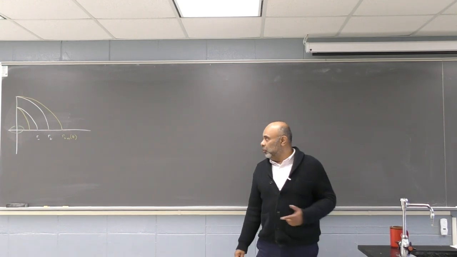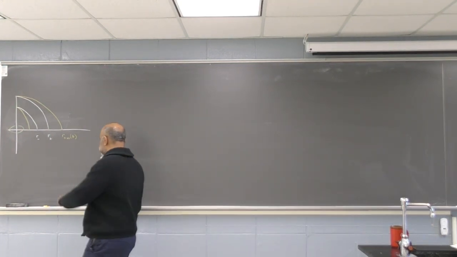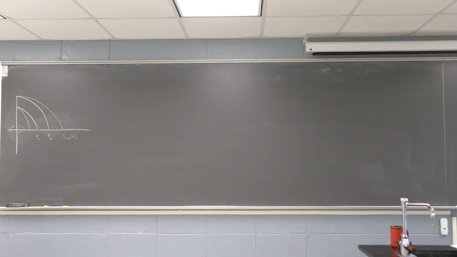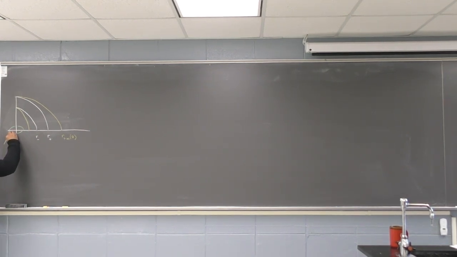I'll begin with why we call this the infinite redshift surface. Let me see if I wanted to label any other portion. Nope, except maybe point out that this is given by R equals 0 and theta equals pi over 2.